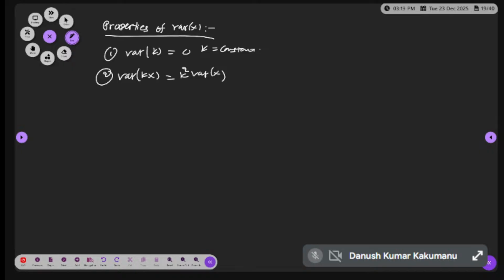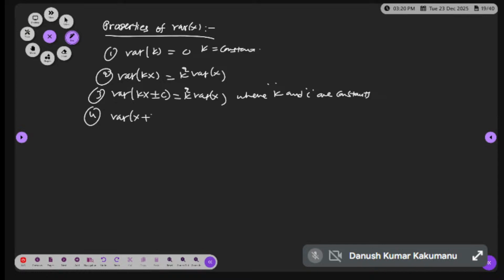Third, variance of kx plus or minus c is k square into variance of x, where k and c are constants.